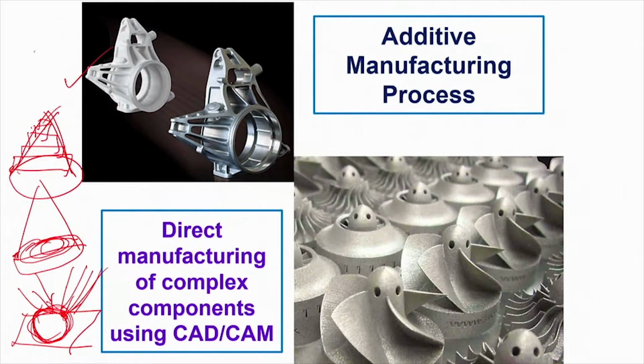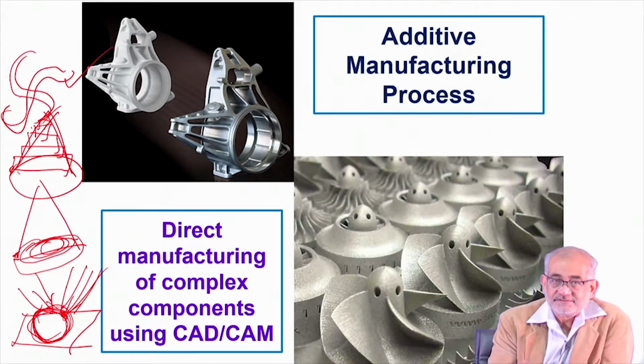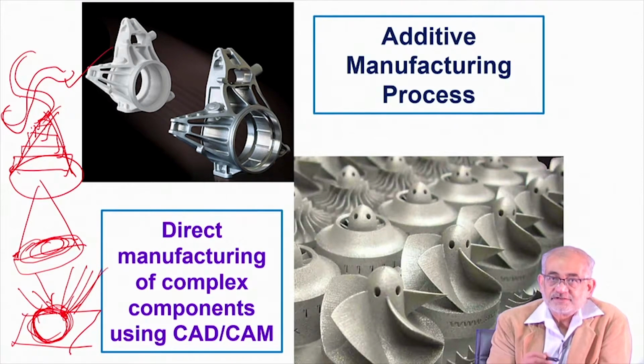But if I want a more complex geometry like this, I can do that, and I can also create a more complex shape like this, or any shape for that matter, gradually by feeding the powder and combining the laser in such a way that the powder is melted in flight and then deposited.